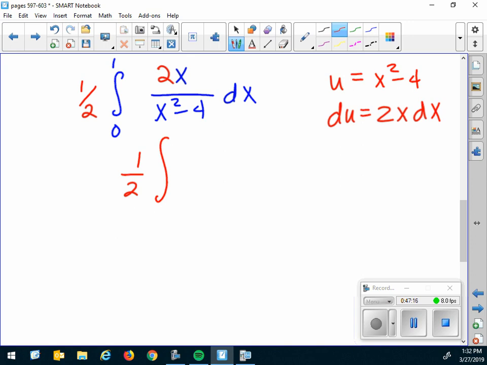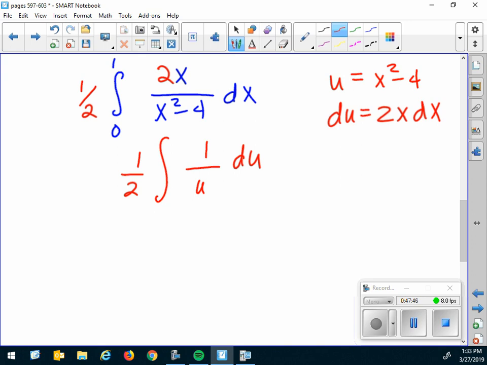What's my rewrite going to look like with my substitution? Du over u. And when you have du over u, I would encourage you to just write it like this: 1 over u du. Do you want to change the limits or leave them? X limits or u limits?